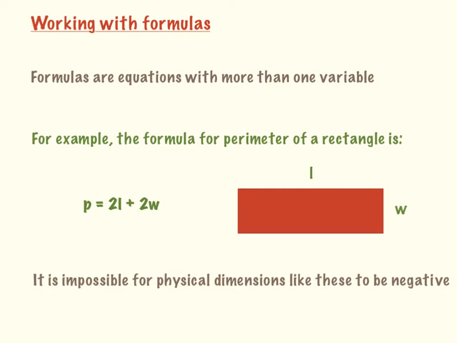So back when we solved something like x squared equals 25, and we square rooted both sides, and we got x equals 5 or negative 5, remember when we came up with two possible solutions? In the case of these formulas, we're going to discard this negative solution because it doesn't make sense to have a negative length or a width or an area or a perimeter or all these ideas.